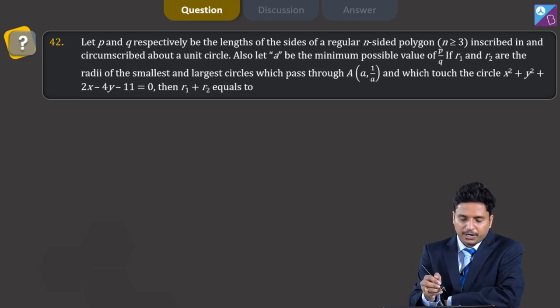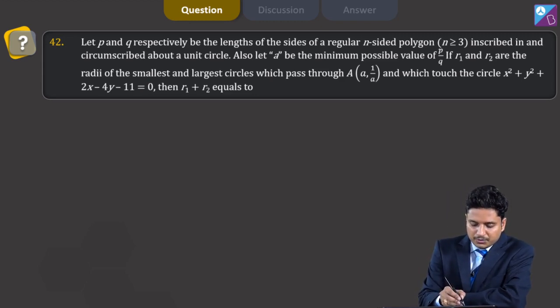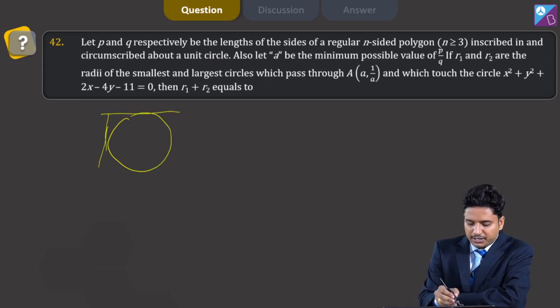First of all, we have to try and find out the sides of a polygon which can be inscribed in a unit circle or which can be circumscribed about a unit circle. So what we can observe, suppose this is a circle and we are actually trying an incircle of the polygon.